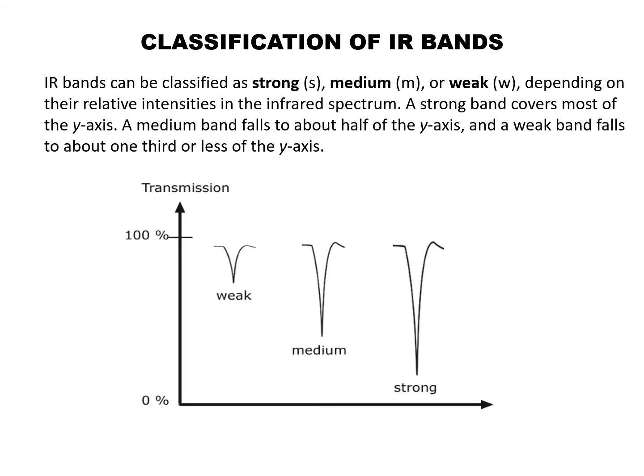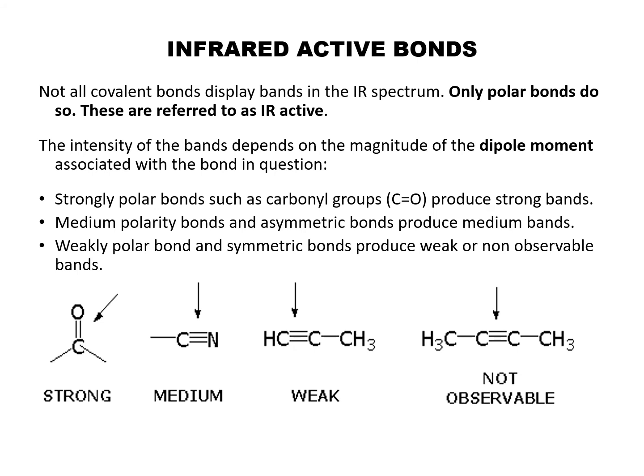Normally the strong bands are very tall and they almost occupy most of the y-axis, whereas the smaller bands can range from flat to 1/3 of the y-axis. Bands can be strong to weak and not observable, of course, depending on the nature of the bond.